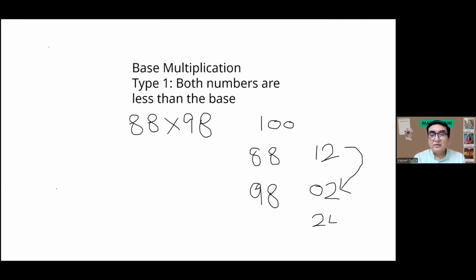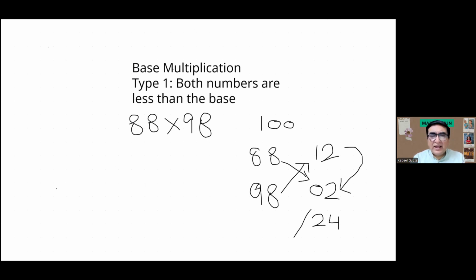Understood? Now that is super easy. Let me put a slash here. Now I'll do the cross subtraction, that is subtracting 2 from 88. I'll get 86. And if I do the same for the second pair, that is 98 minus 12, I again get 86.